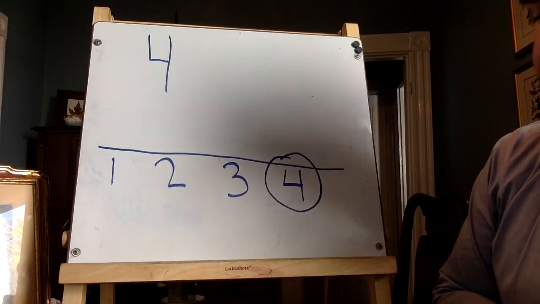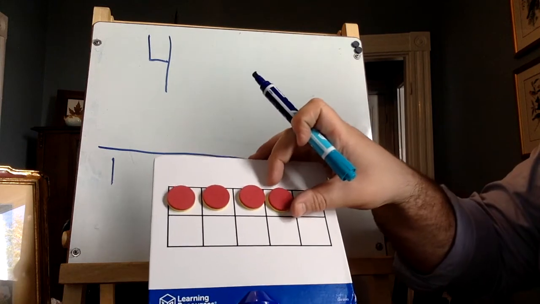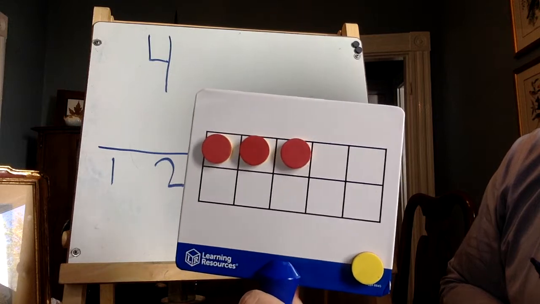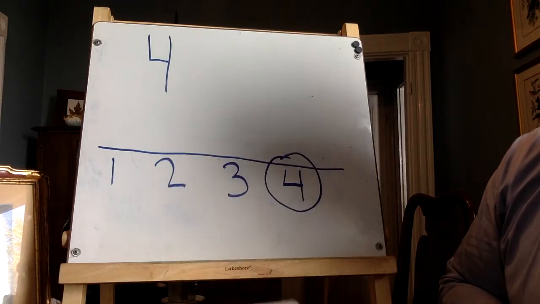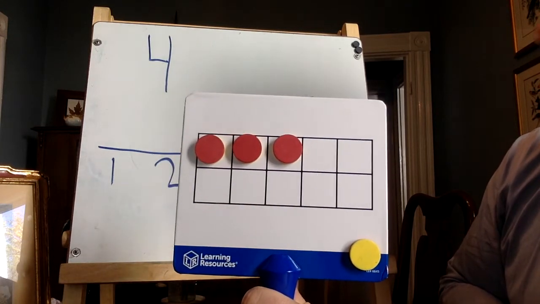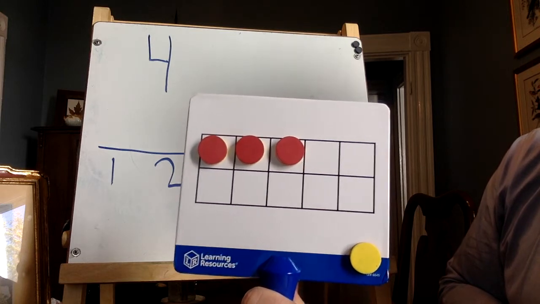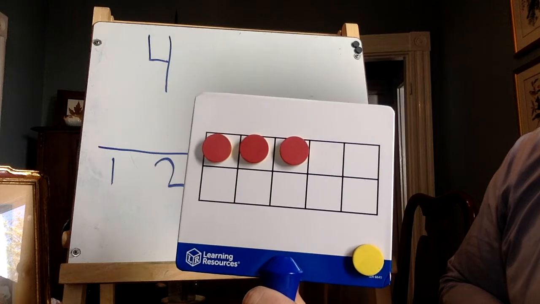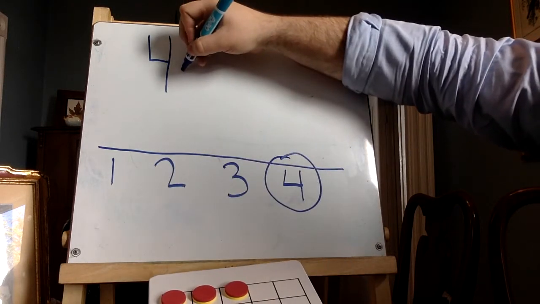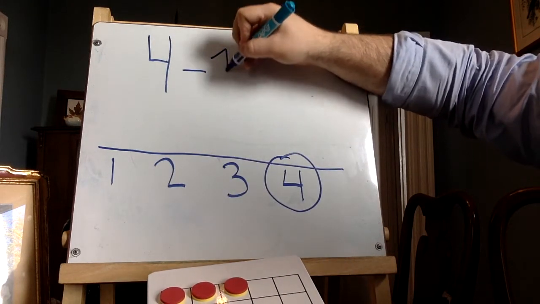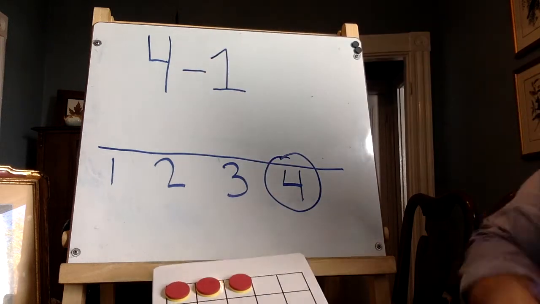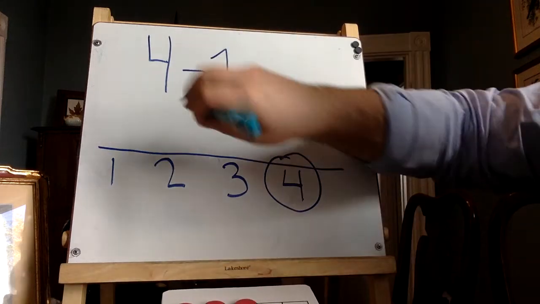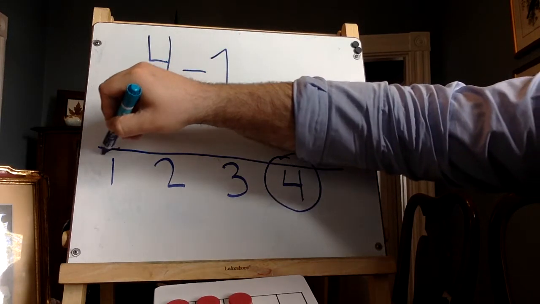Now, what if I gave 1 to a friend? How many am I taking away? 1. So I could write that by saying minus 1. So let's circle the 1.